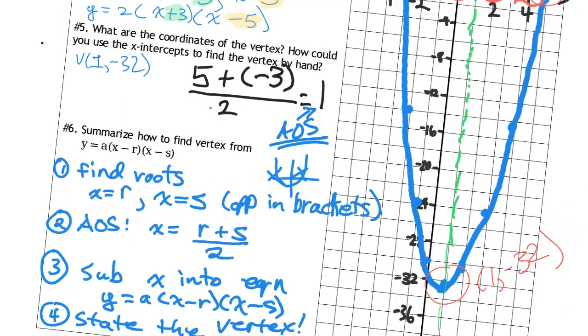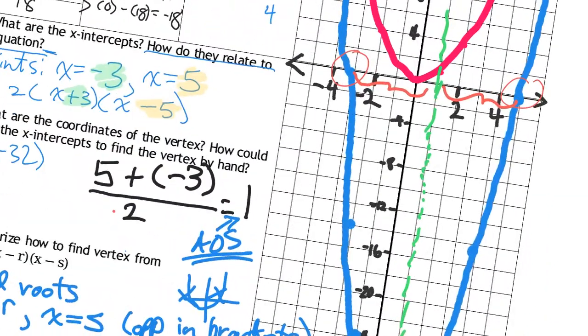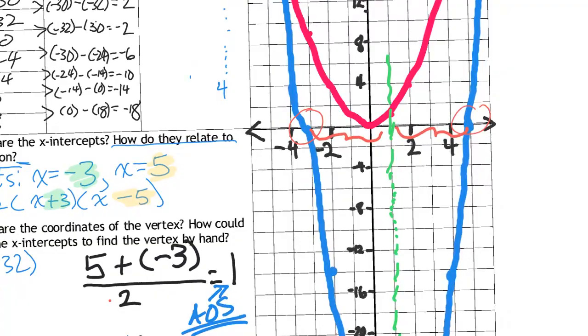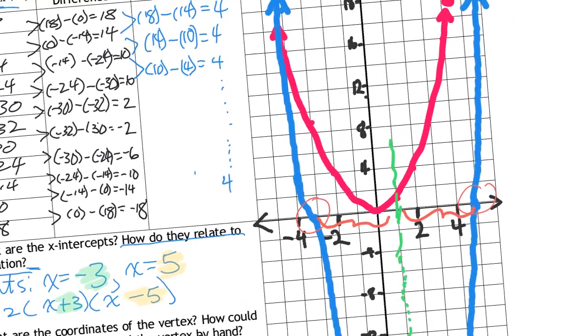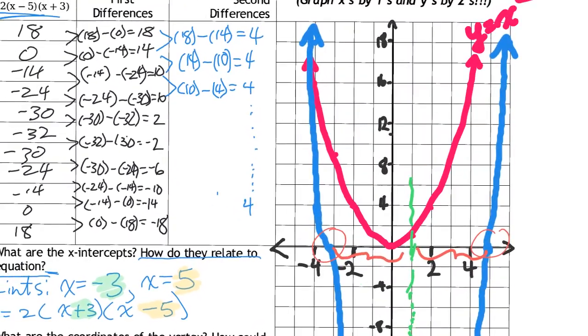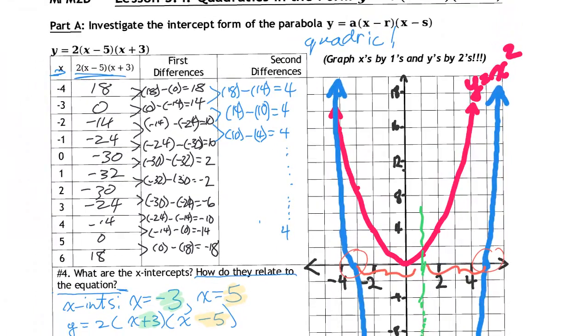So let's talk about that again. We graph our values. In order to find the points where we cross the x-axis for our parabola, we look at what's in the brackets.